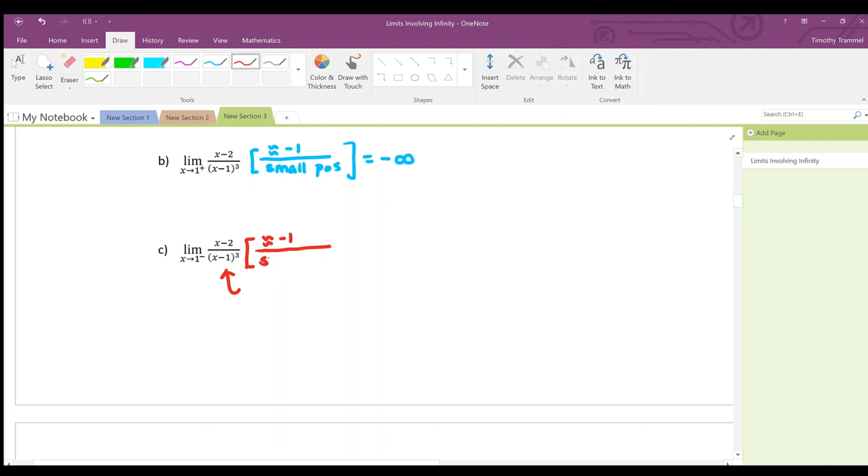So down here on the bottom, we have a small negative. And so if you have minus 1 over an extremely small negative number, and by small I mean close to 0, that's going to give us a very large positive number. Okay, and so this limit is infinite.